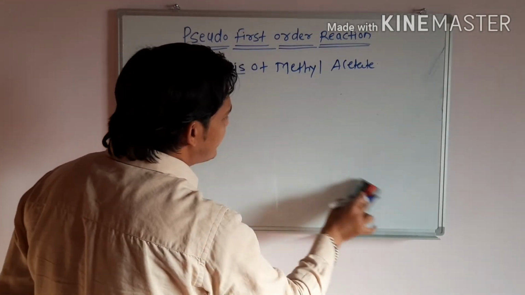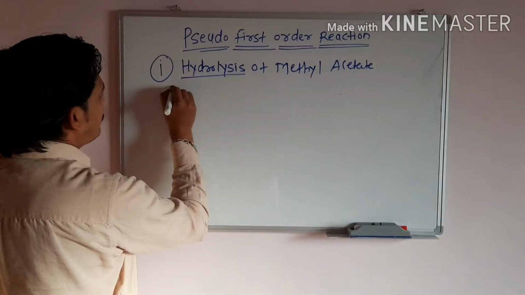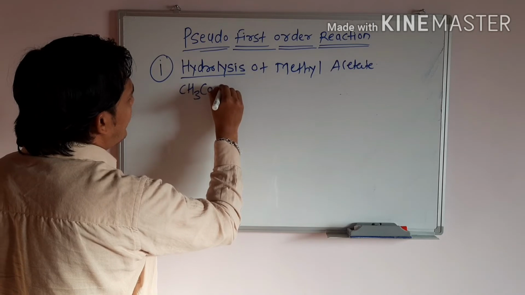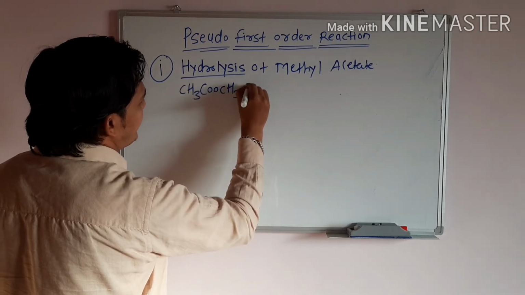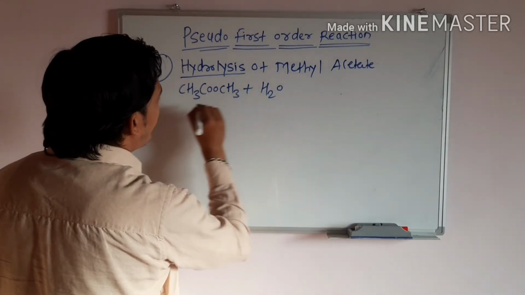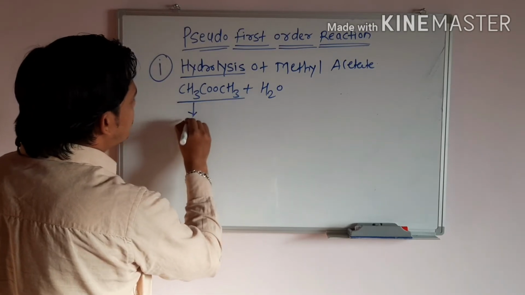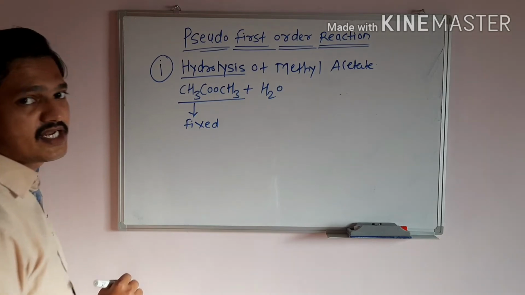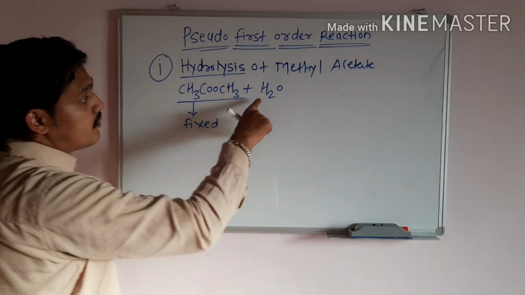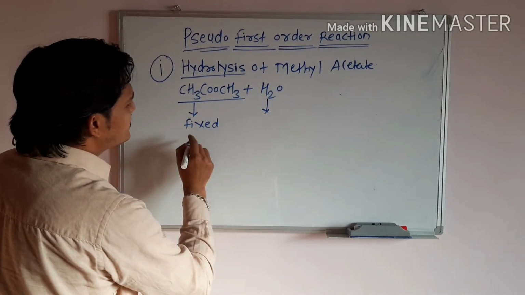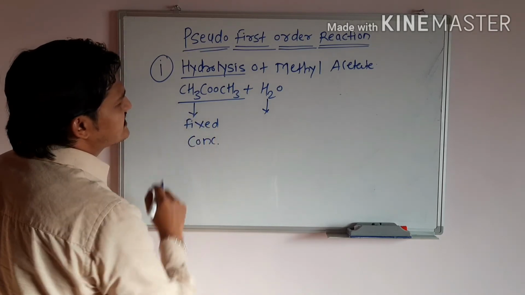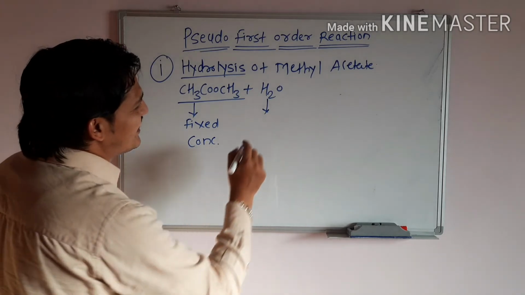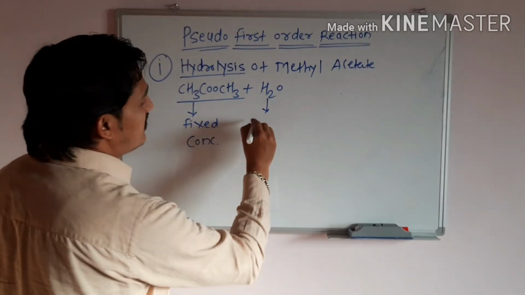Let us consider that we have to hydrolyze methyl acetate. You are taking a fixed proportion of methyl acetate, which means a fixed concentration of methyl acetate, but water I am taking in excess.